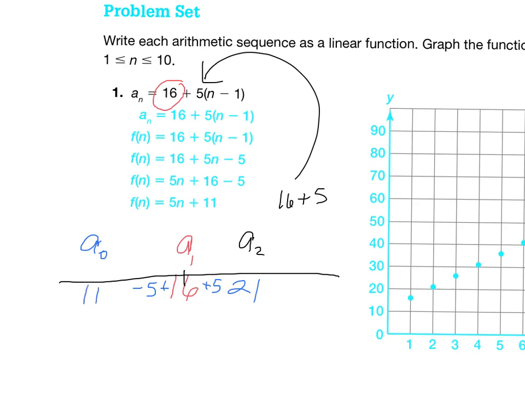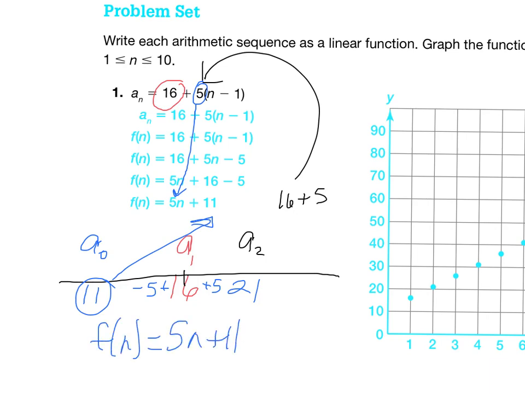So a sub 0 is actually your y-intercept, and you notice they got the same thing right here. And our slope is 5, so they also got that right there. So the function notation would be f of n, or f of x or whatever, they have f of n is 5n plus 11.